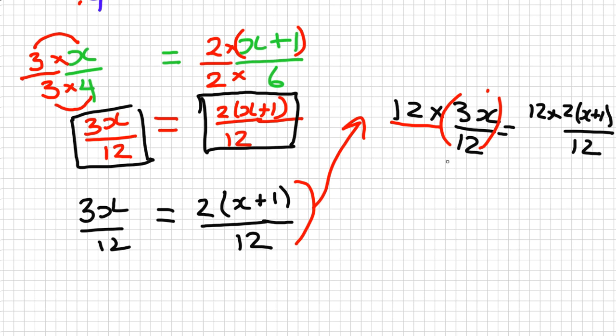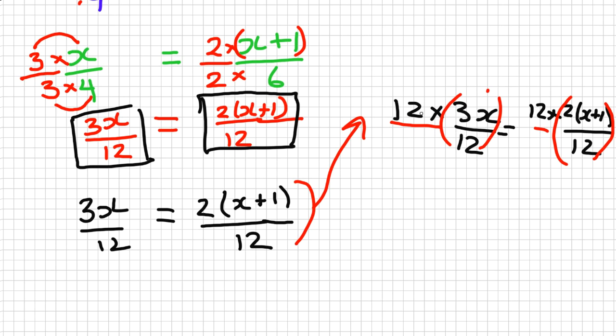Whatever we do to one side of the equation when we do inverse operations, we do to the other side. So we have 12 times 2 times x plus 1 over 12. But now what we've got in this form is we're timesing something by 12, this 3x, and then we're dividing it by 12. If we times something by a number and then divide it by the same number, we just end up back where we started.